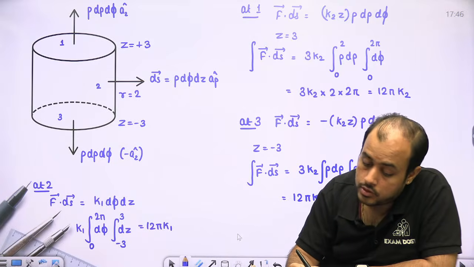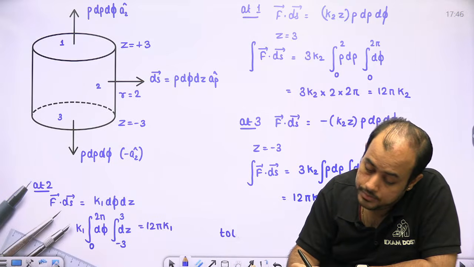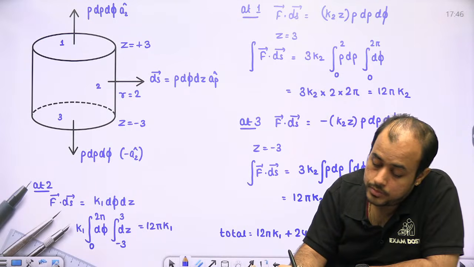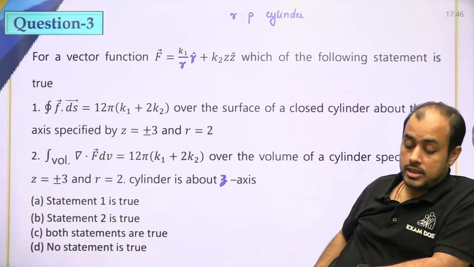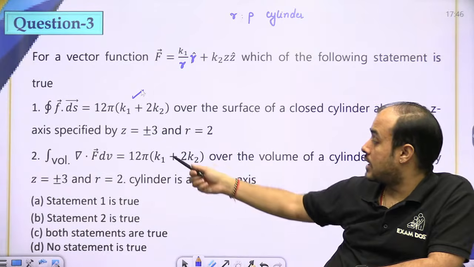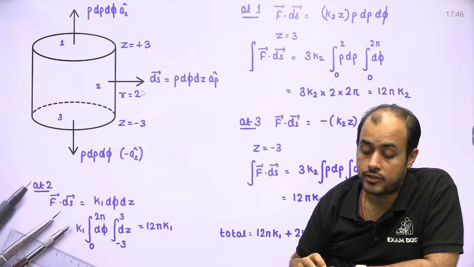So what do you get in total? 12 pi k1 plus 24 pi k2. Okay, that is what I get. Is this correct? Correct. Now it is asking for the volume integration of del dot f.